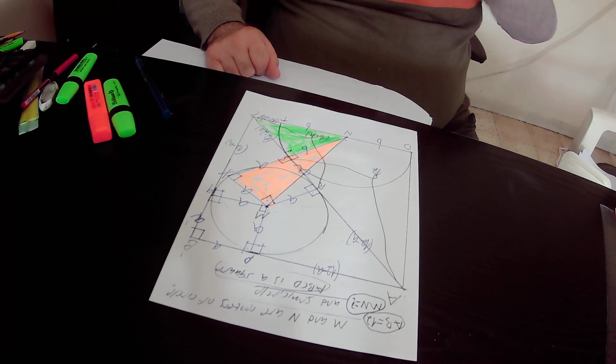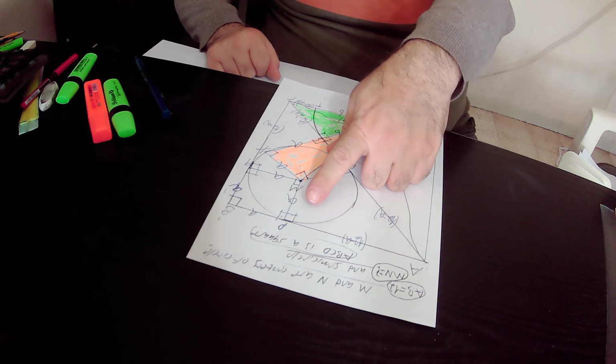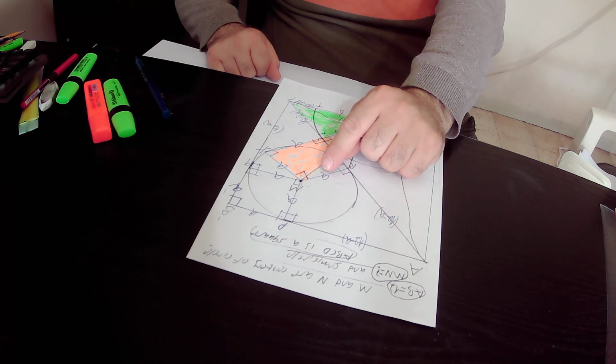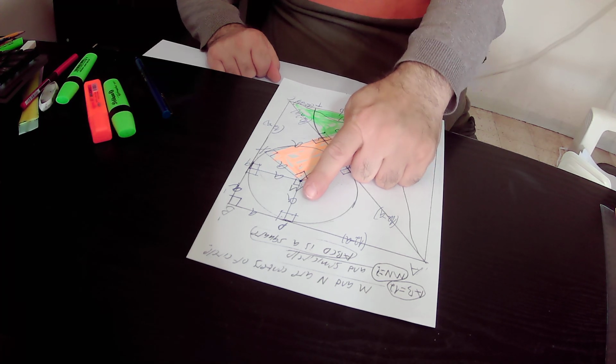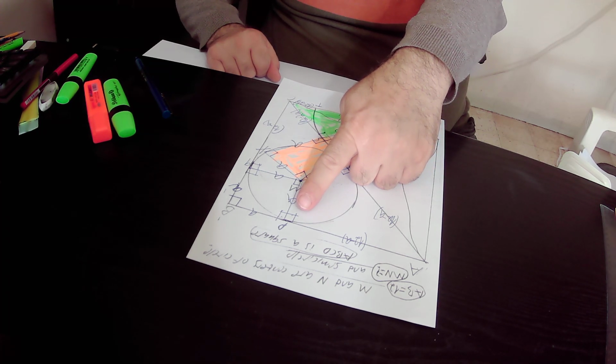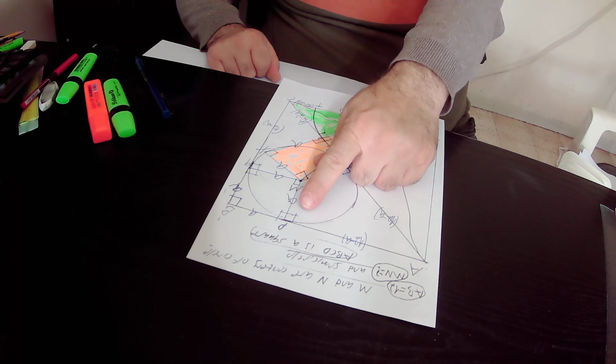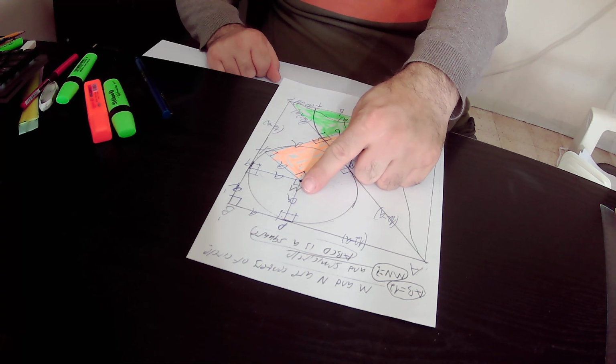We join points P and M together by a straight line. PM is the radius of this circle. Why? Because it starts from the center of this circle and ends at point P, a point on this circle itself. Therefore PM is the radius of this circle.